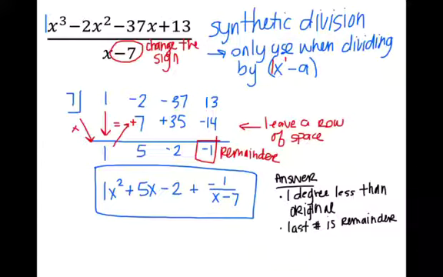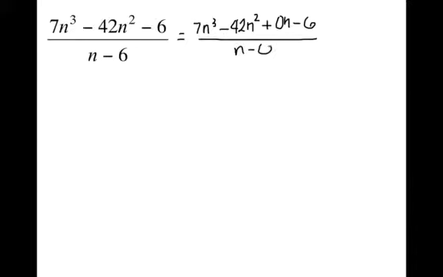So let's go look at another example of doing synthetic division. One thing that we'll notice on this one is I don't have an n to the 1 term. I could rewrite this, though, as 7n to the 3 minus 42n to the 2 plus 0n minus 6 all over n minus 6.